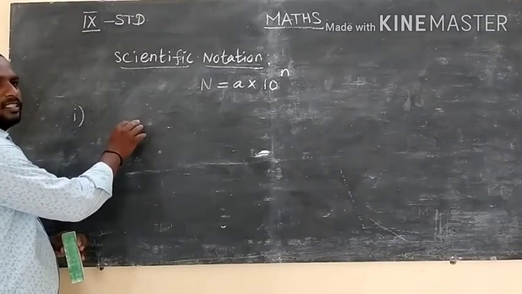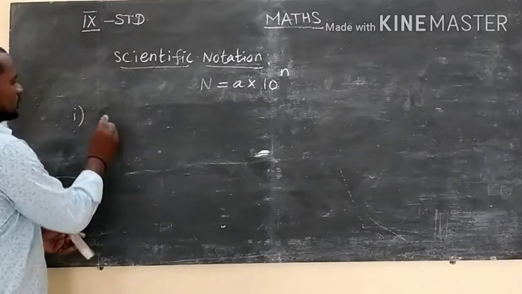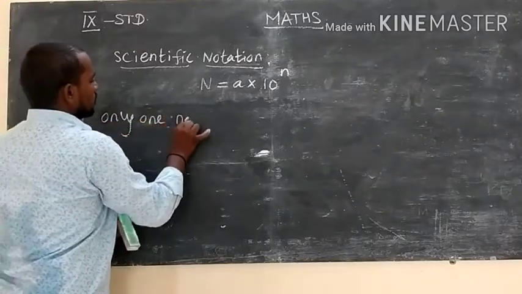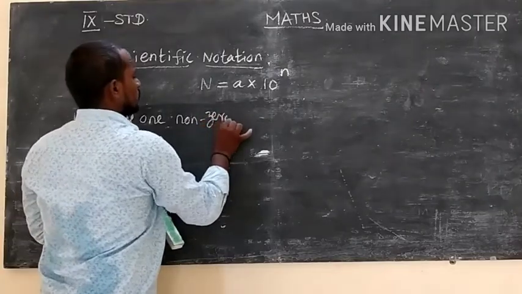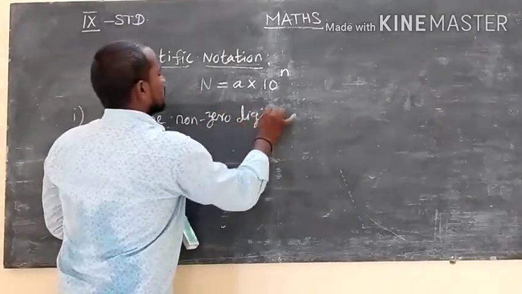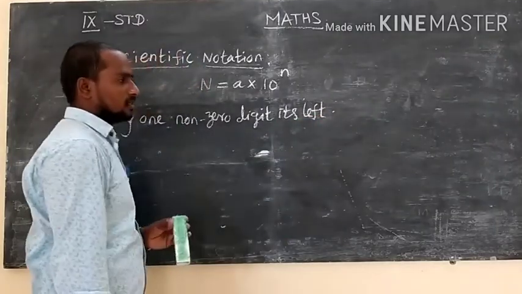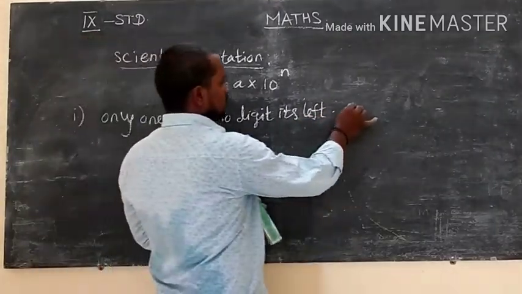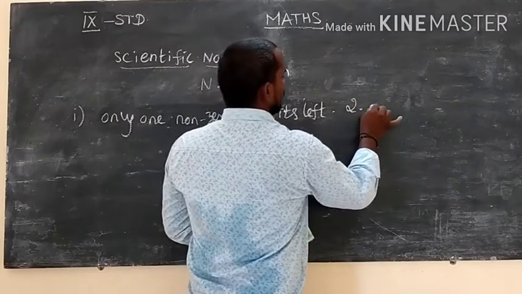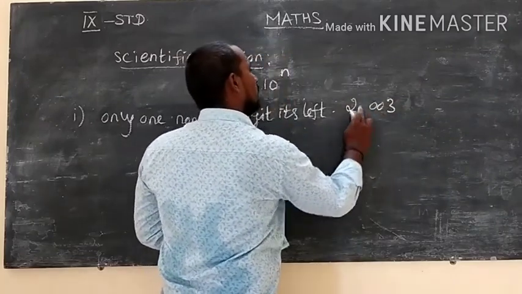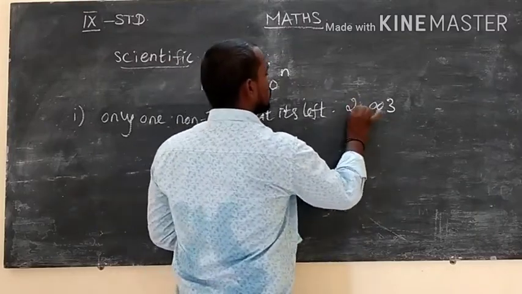Only one non-zero digit on the left. This is your first condition. The example is 2.003. The decimal's left side has only one non-zero number.